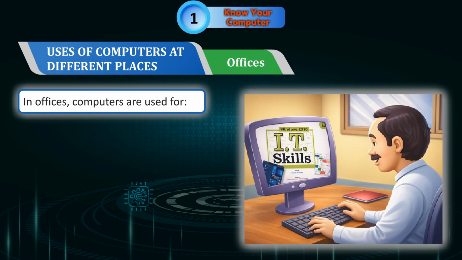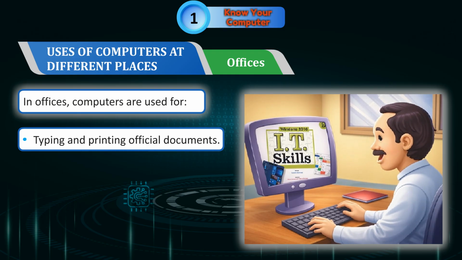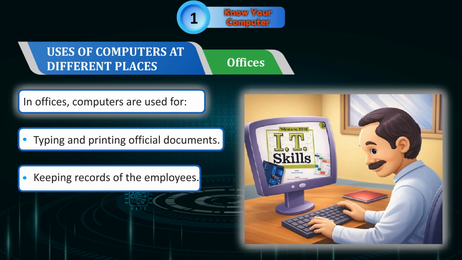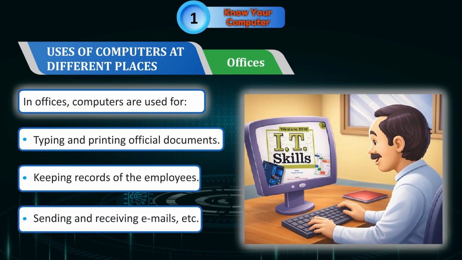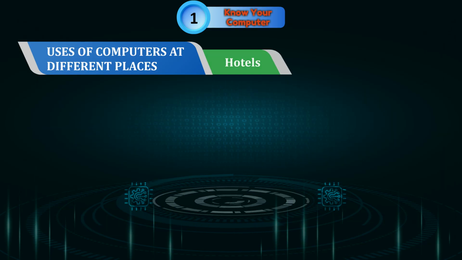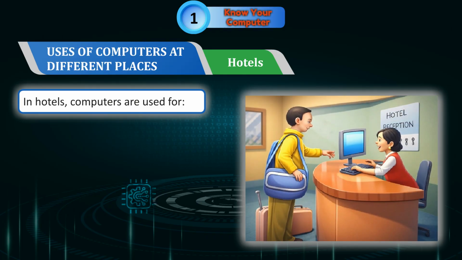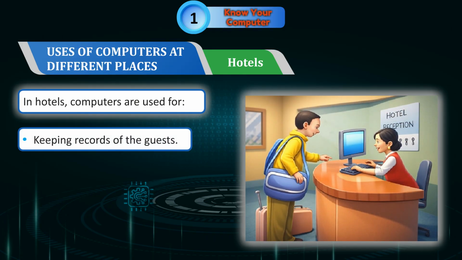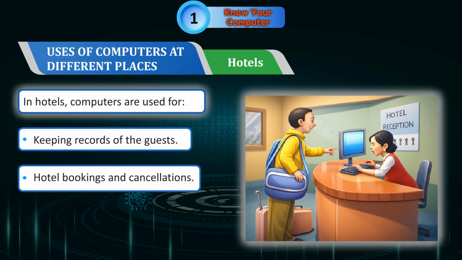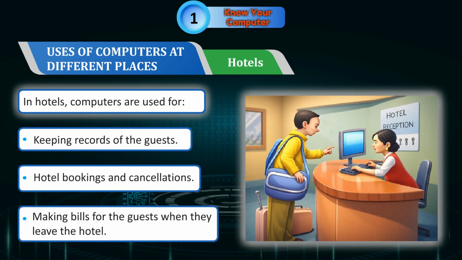Offices. In offices, computers are used for typing and printing official documents, keeping records of the employees, sending and receiving emails, etc. Hotels. In hotels, computers are used for keeping records of the guests, hotel bookings and cancellations, making bills for the guests when they leave the hotel.